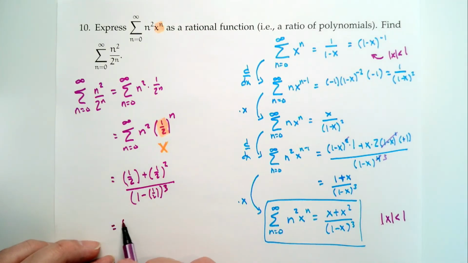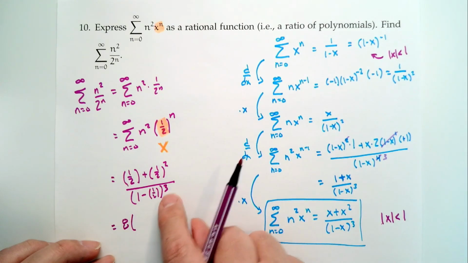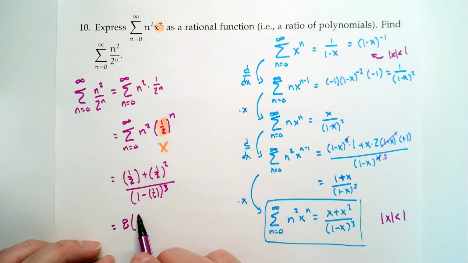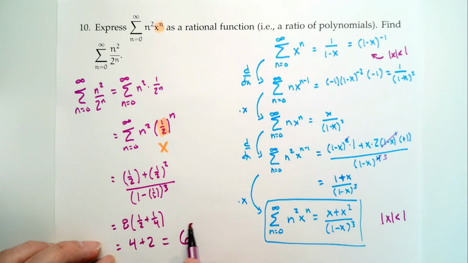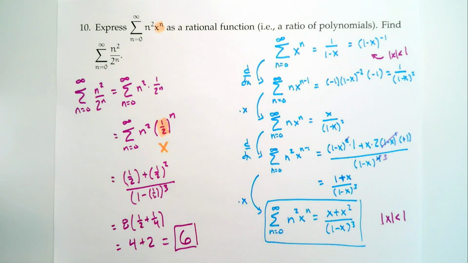So that can come up. So we have 8, that's from our downstairs moved up. Then we have a half plus a fourth. Well, 8 times a half is 4, 8 times a fourth is 2, and 4 plus 2 is 6. And therefore, the sum from 0 to infinity of n squared over 2 to the n is 6.